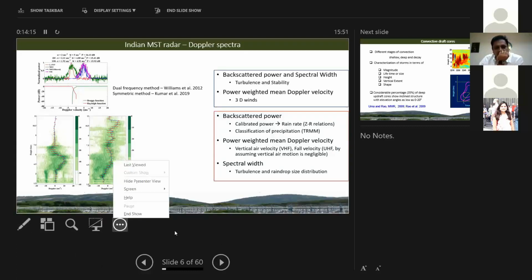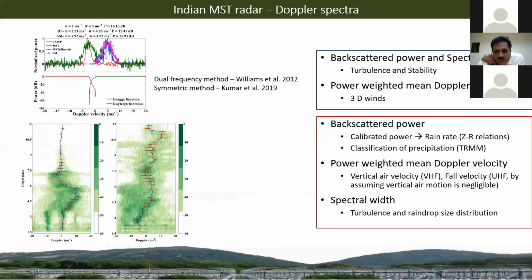Hide the presenter view. Is it okay now? Yeah, it's now in full screen.